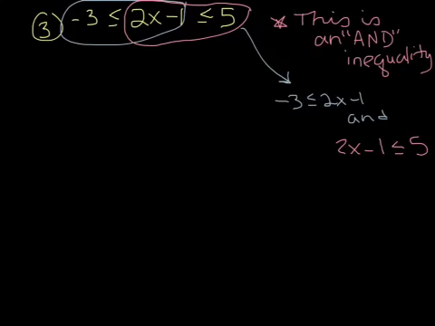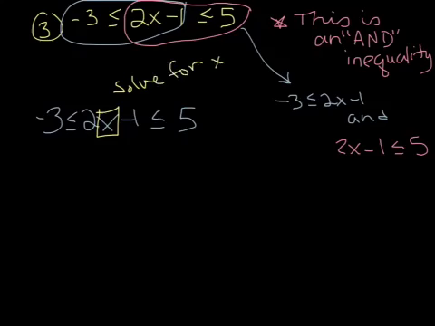So let's do method 2. And method 2 is usually the favorite of most people because it's more fun and it requires a little bit less work. So what we're going to do is our goal is to get this x by itself. So we're going to try to solve for x. That's our goal.